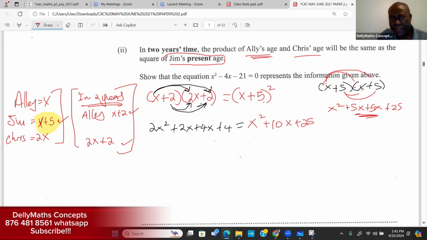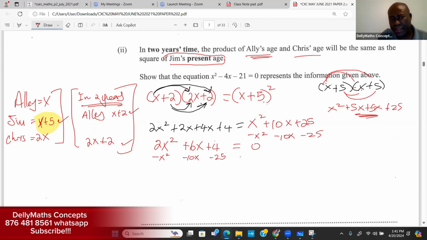Let us simplify this, because remember what we want to prove. So we're looking at 2X squared plus 6X plus 4. And now I'm just going to work some stuff for you. So I'm going to subtract X squared, I'm going to subtract 10X, I'm going to subtract 25. So you could see that there's a 0 here. When I do that, the X squared would have to subtract from this side, the 10X would have to subtract from this side, and 25 from this side.